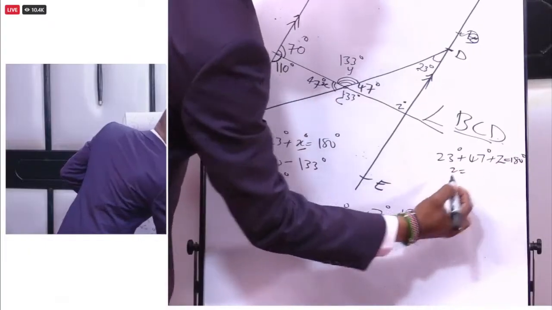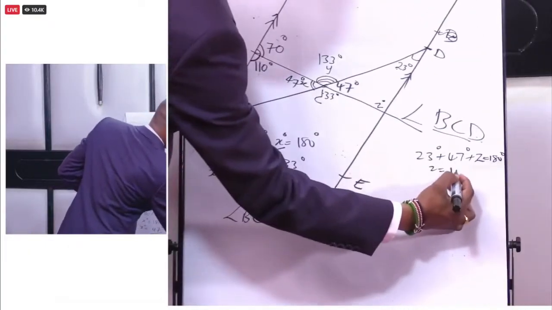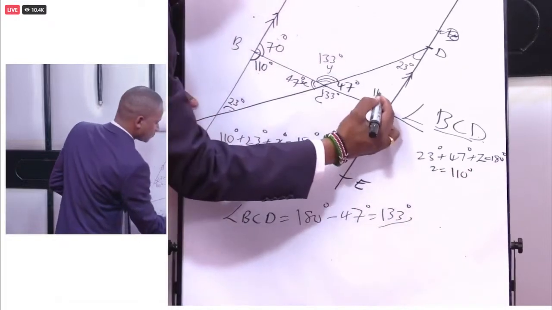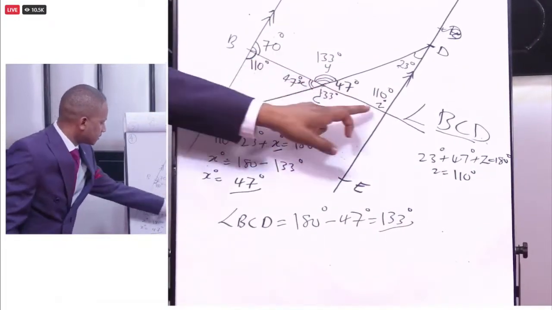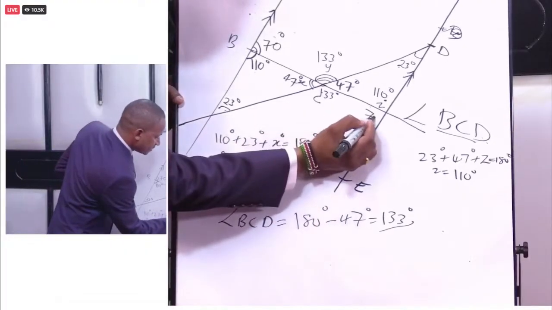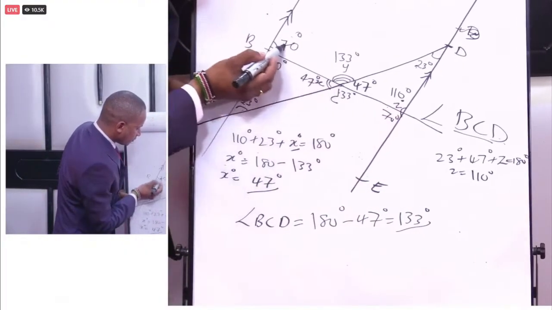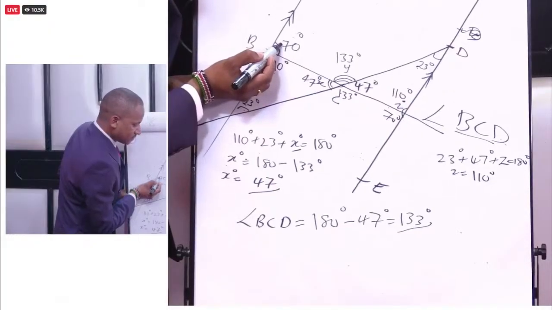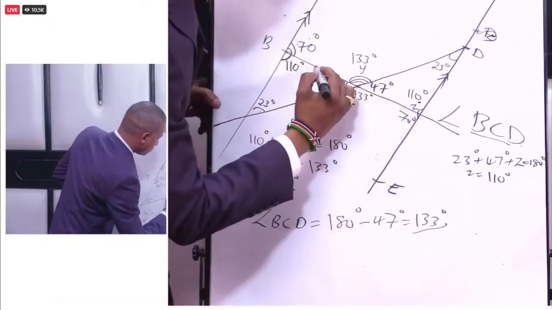So Z equals 110 degrees. So this angle is 110 degrees. Now, what is this angle? 70 degrees, because the angle is in a straight line. So this 70 is also alternate to this 70, because these are two parallel lines, and this is a transversal line.